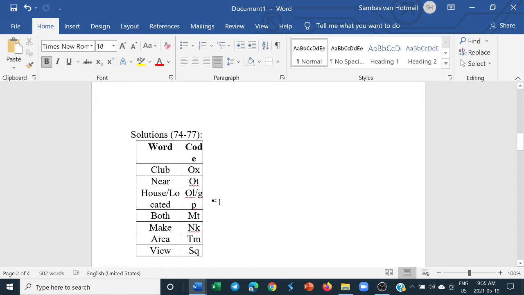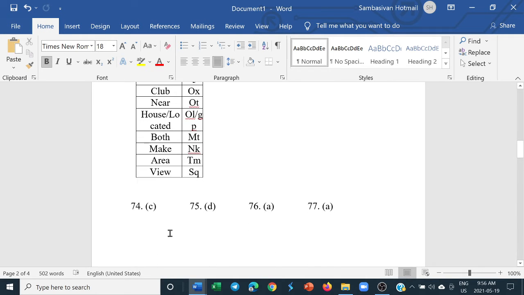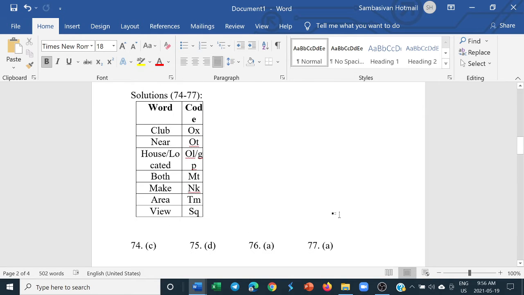House and located can be OL and GP. Both will be MT. Make will be NK. And area is TM. View is SQ. So this is how it comes. So the answers for 74 is C, 75 D, 76 A, 77 A.